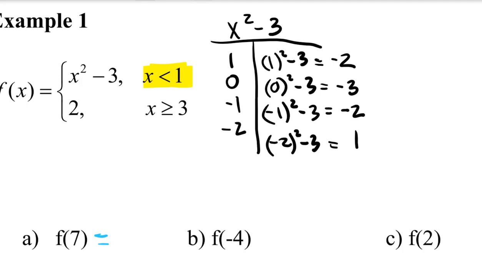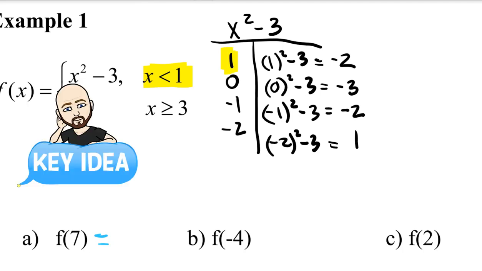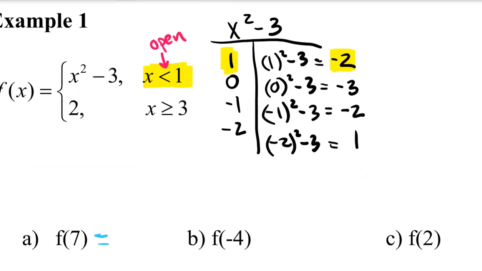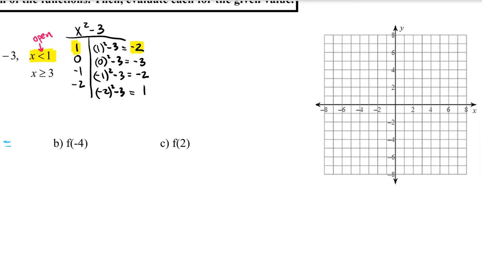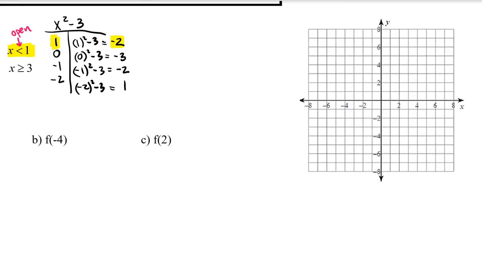Now when I look at this point here, the point 1, negative 2, I analyze this symbol, and the symbol is a less than, so that does not include the value of 1. Because of that, I have to remember that that symbol means open. So when I plot the point 1, negative 2 on our graph, I've got to be sure to put an open dot at 1, negative 2.